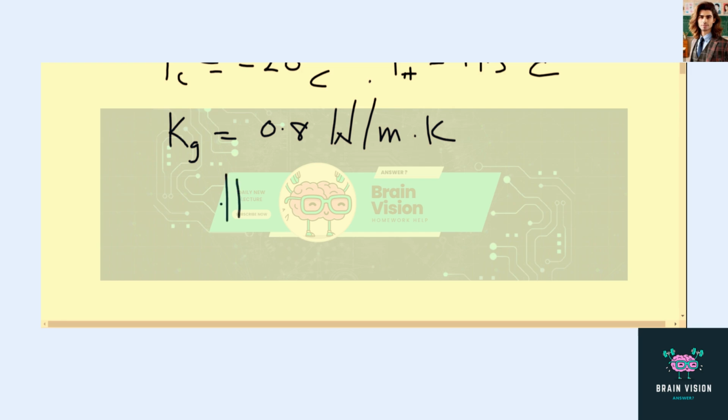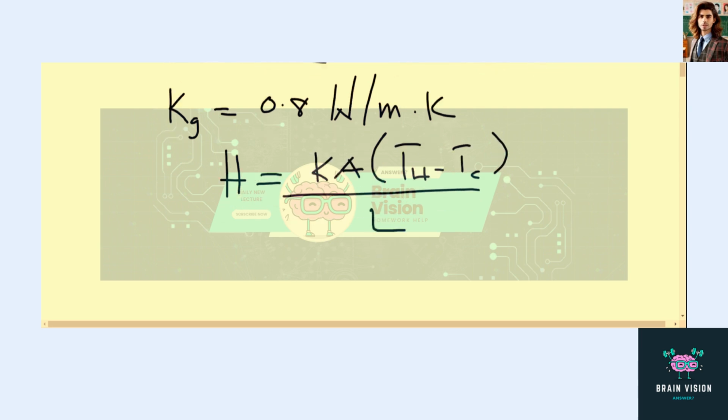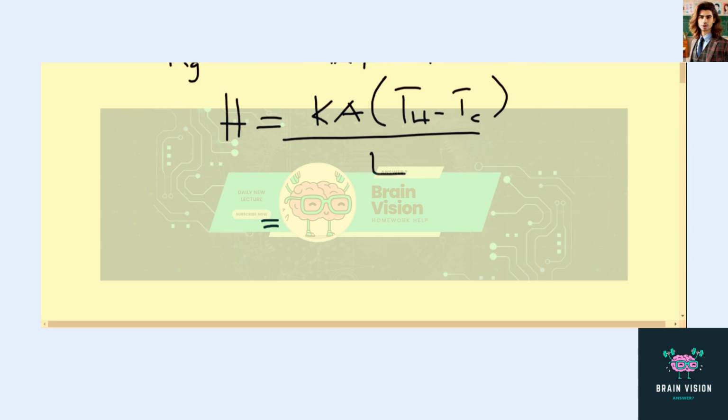Picking our heat current equation, we have H equals K A times the change in temperature, TH minus TC, all divided by the length of the rod. This is equal to 0.8, the thermal conductivity, times the area 3.5, times 19.5 minus 20.